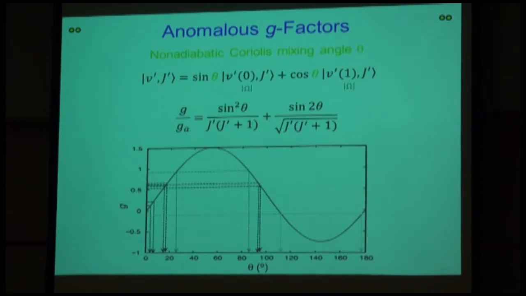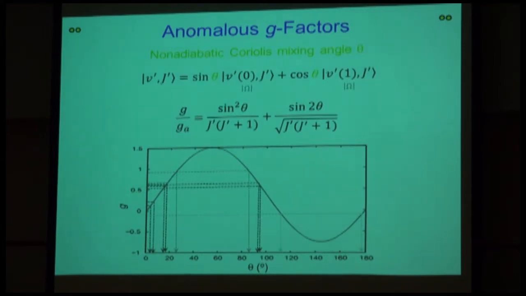Just taking the expectation value of the linear Zeeman Hamiltonian, one can write down the expression for the expected G factor, divided by the atomic G factor, which is 1.5. This ends up being a function of the mixing angle theta, of course, because the quantum state is a function of theta. Here I plot this molecular G factor as a function of theta for a particular choice of J prime of 1.